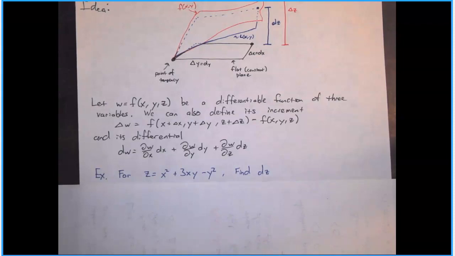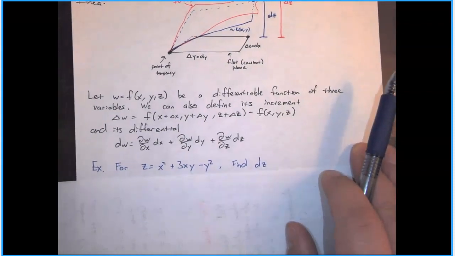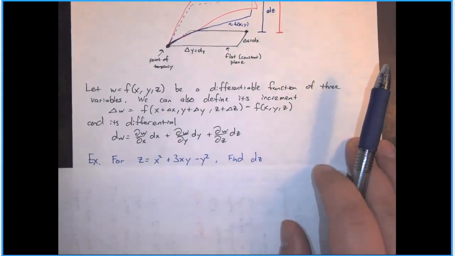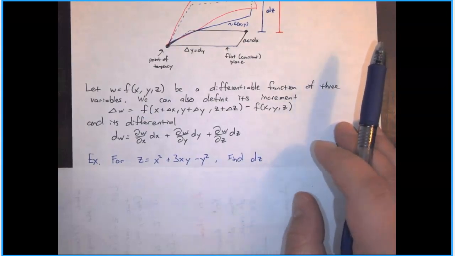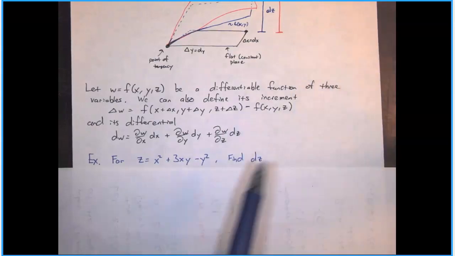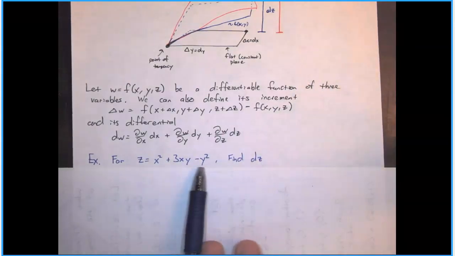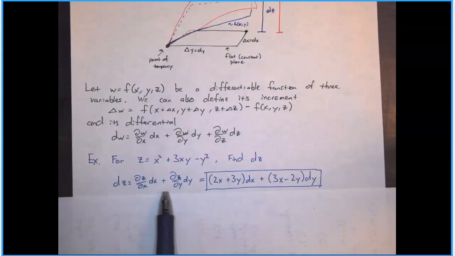First, if we're given this function of 2 variables, x squared plus 3xy minus y squared, let's just find the differential dz. So dx and dy are just going to be variables. We don't know what those are. In this context, all we need to do is find the partial derivatives here. So dz is the partial derivative of z with respect to x dx plus the partial derivative of z with respect to y dy.